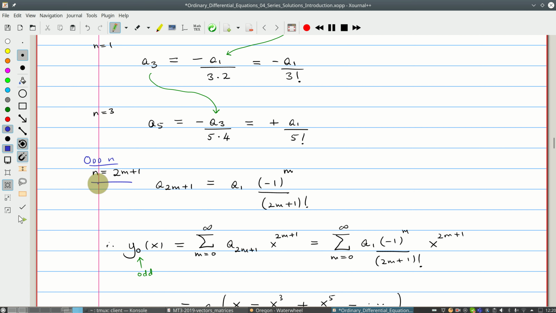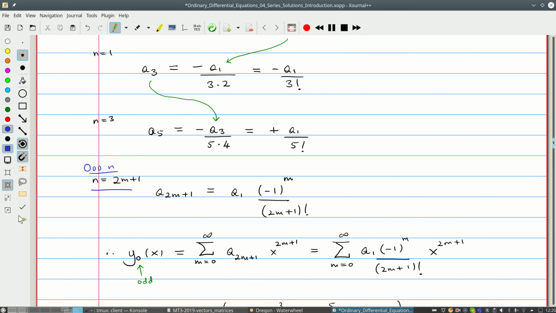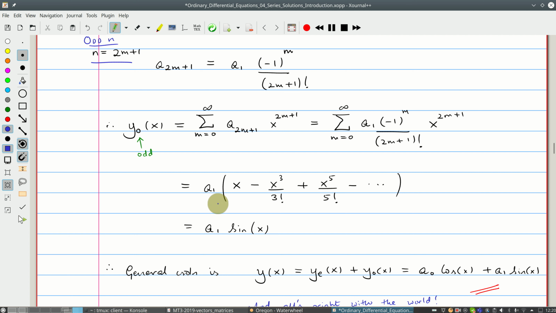We've changed from a sum over n to a sum over m. And we have only the odd powers of x present in here. We know what these coefficients are. They're given by this. And now we have this solution is proportional to a1, and then we have this power series in x. If you write it down, it's a1 times x minus x cubed over 3 factorial plus x to the 5 over 5 factorial, etc. And this is simply a1 times the sine of x.